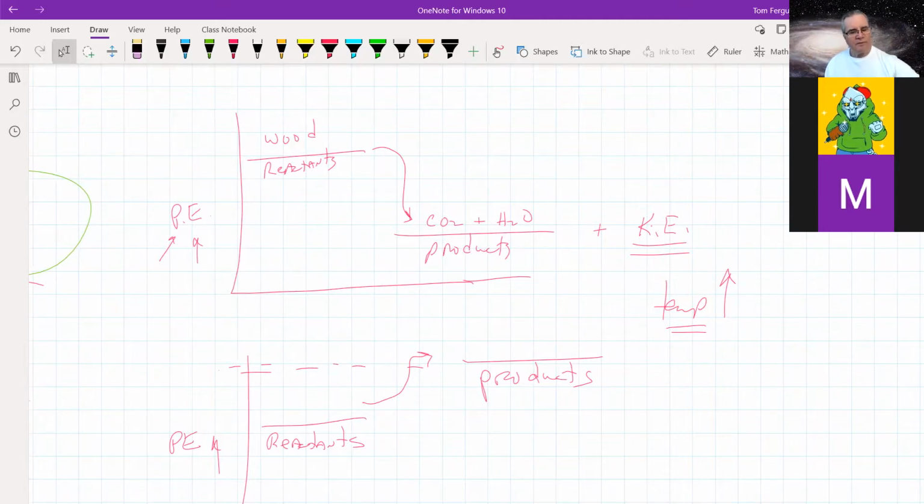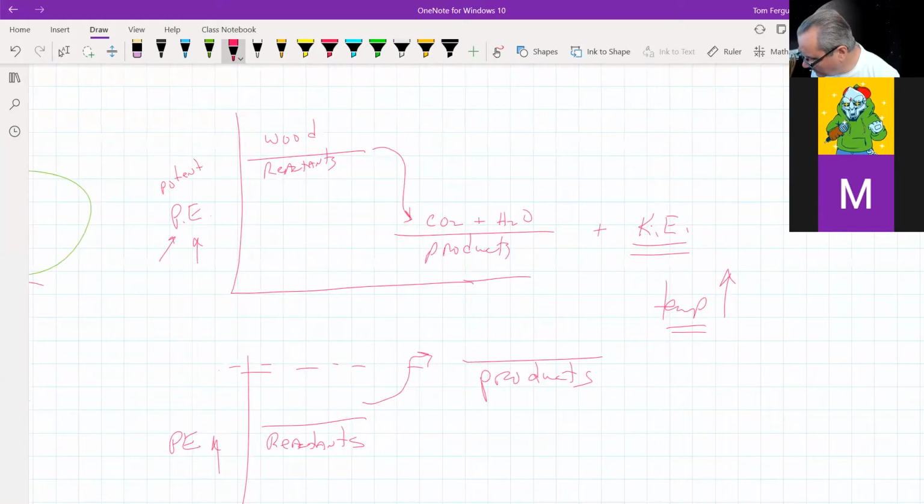Well, the position energy, this is potential energy, which is the energy of position, and it's manifested in a chemical bond.